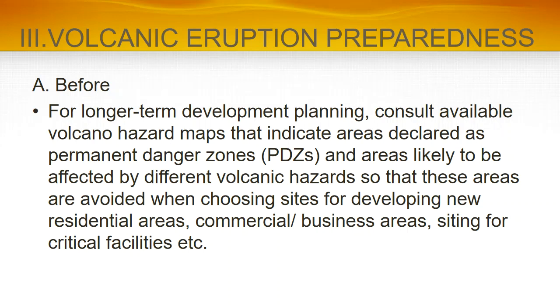Okay, so you need to closely look at or analyze the hazard maps, especially the volcanic hazard maps, for you to be guided on where you will put up your business, the location, and your area of residence.